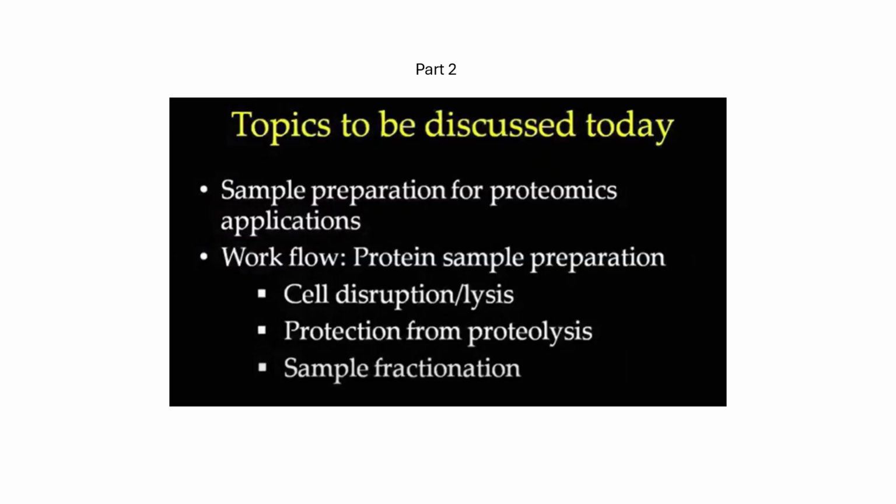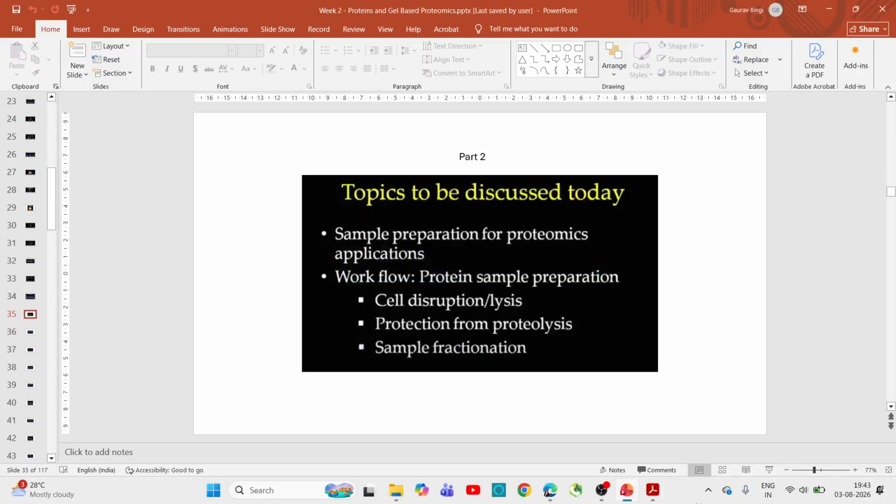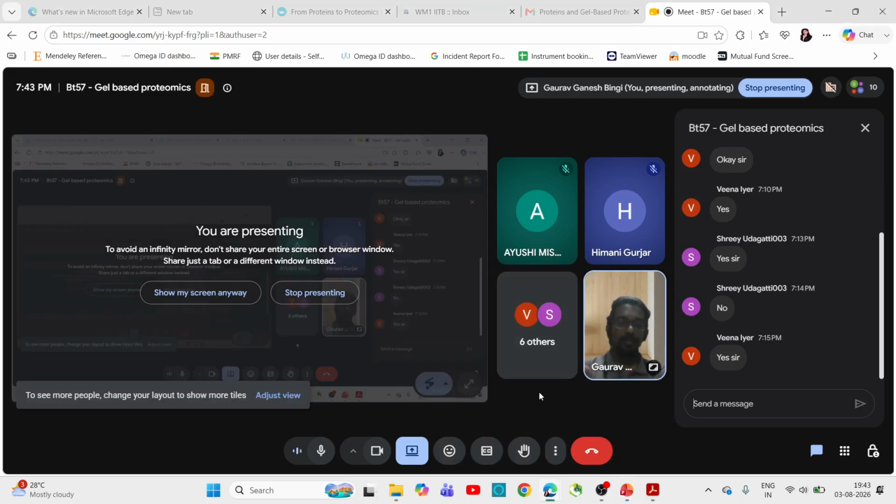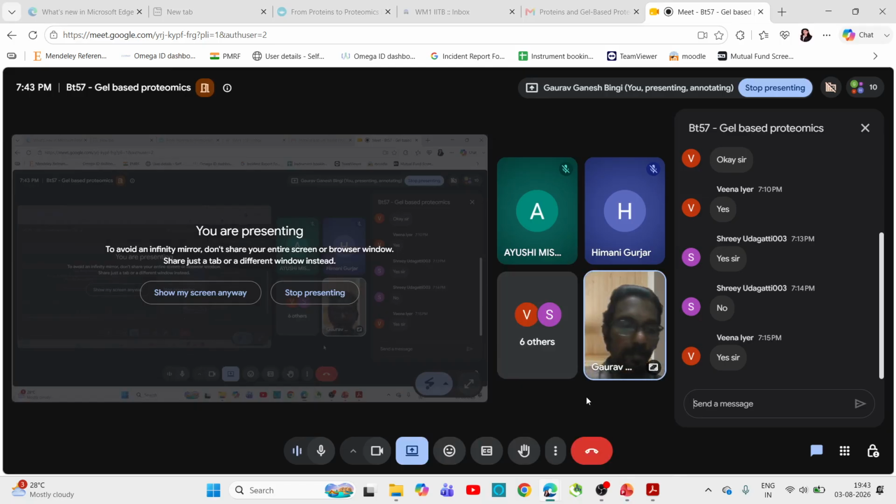Then in part two, sir discussed sample preparation. Before going ahead, I hope it's going well. It's a complicated topic, systems biology, but here we just deal with the introduction of it because it is very complex, because you're studying each and every section of one specific system. That's what is called systems biology.